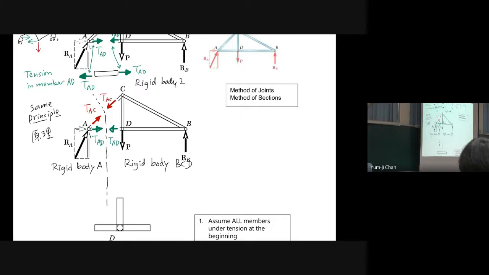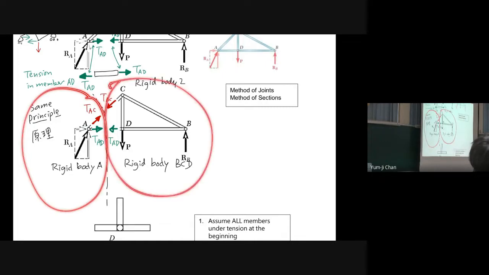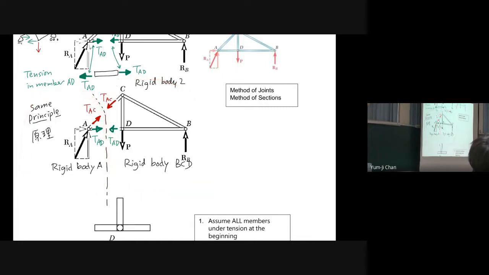So we have this part in equilibrium, and this part also in equilibrium. So how many equations do we have? Let's take a look. On the left, rigid body A, because it is a point, we have only two equations: Fx equal to 0, Fy equal to 0.